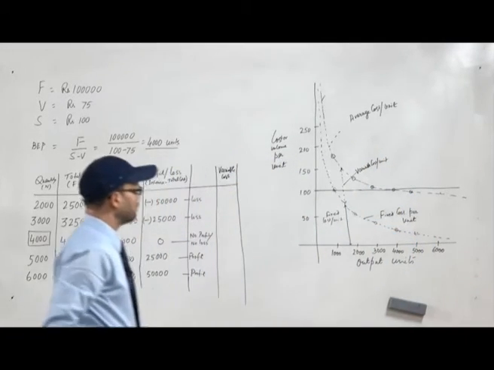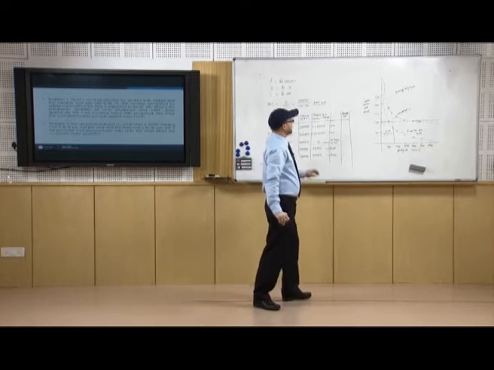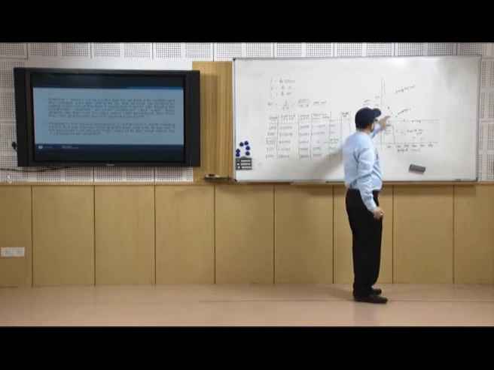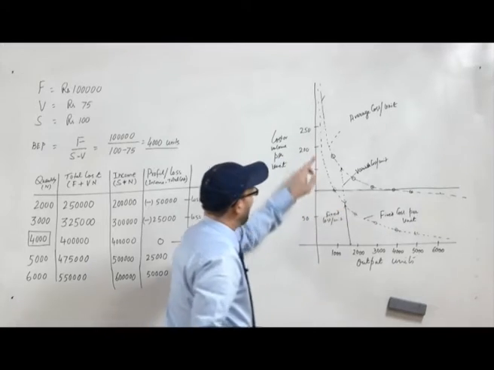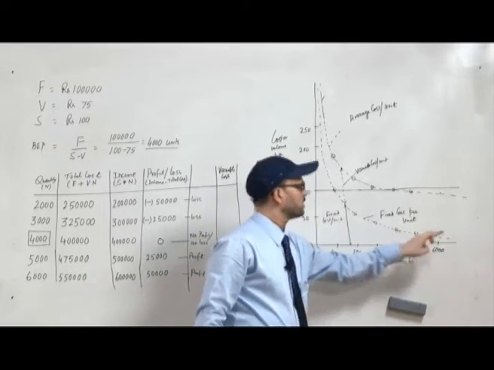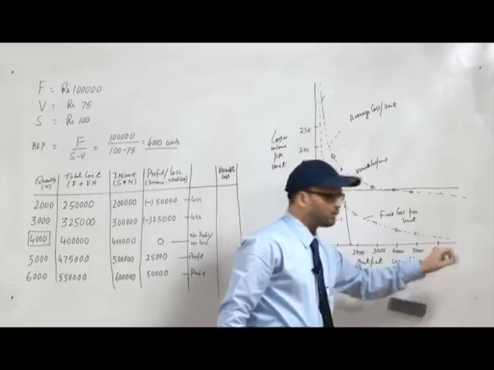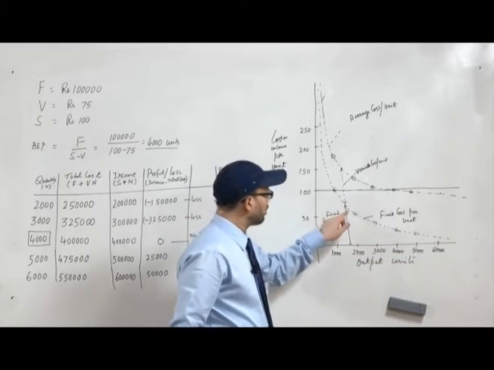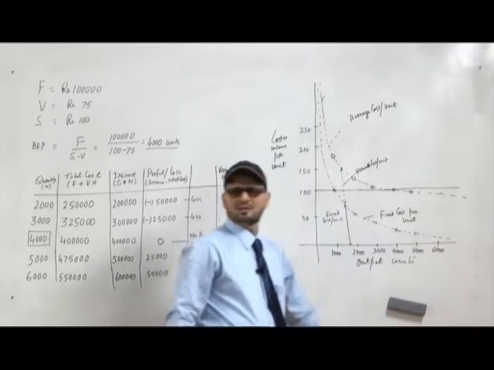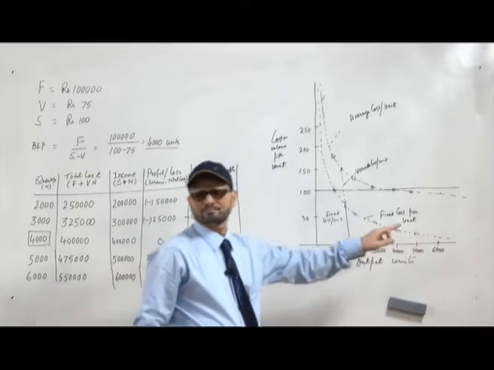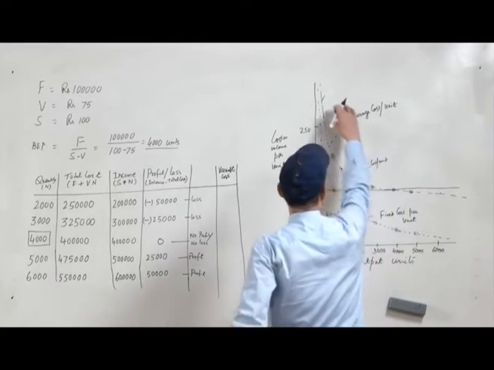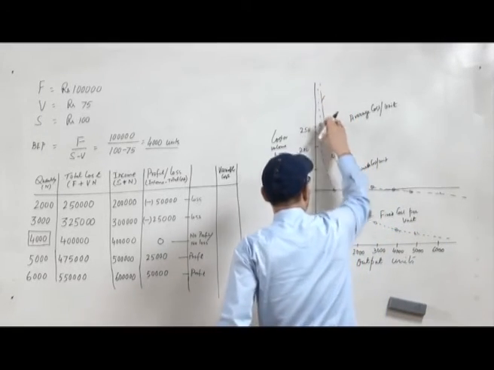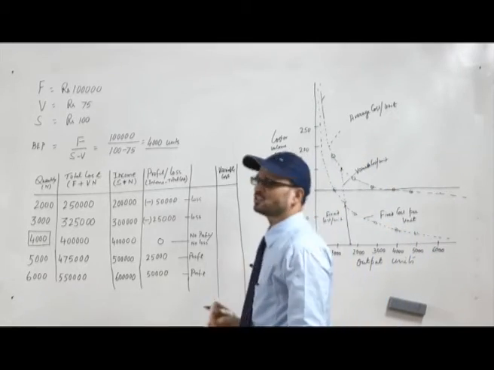So that is how we see the fixed cost. As you go on increasing the number of units, the fixed cost per unit is decreasing, the variable cost is remaining constant, and the average cost is decreasing per unit as you go on increasing the production.